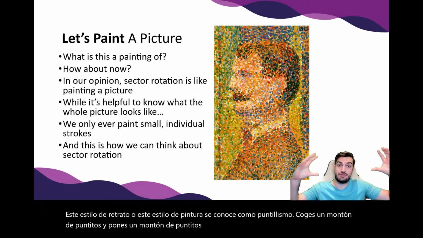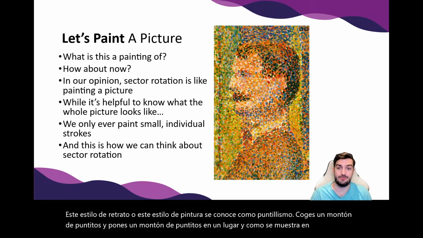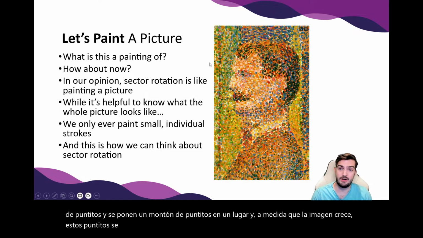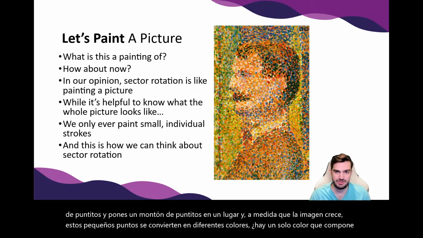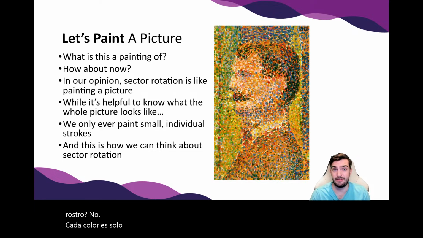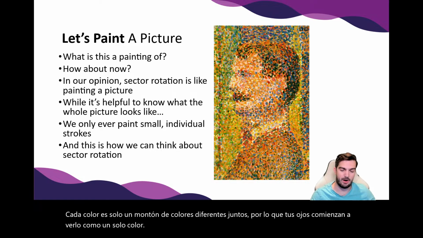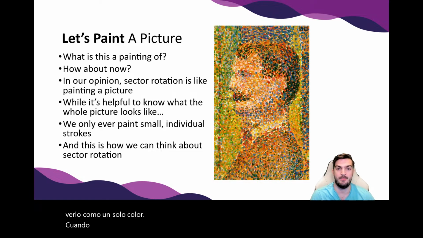And as the picture grows, these little dots become different colors. Is there a single color that makes up his face? No. Every color is just a bunch of different colors put together so your eyes start to see it as one color.